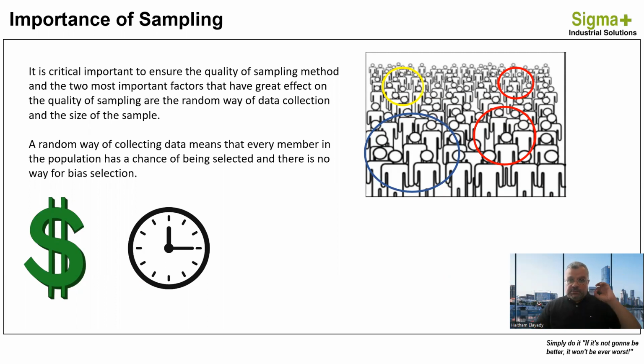It's very important to ensure that each member in the sample has been taken with the same chance as the other members. In other words, every member in the population has the same chance of being selected, and there is no way for biased selection or selection for a certain purpose or specific interest. Okay?